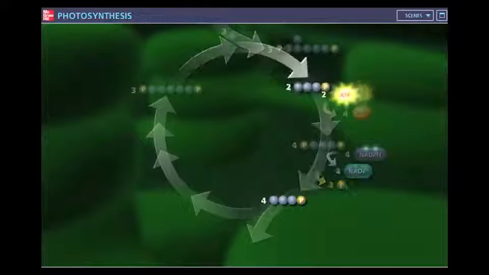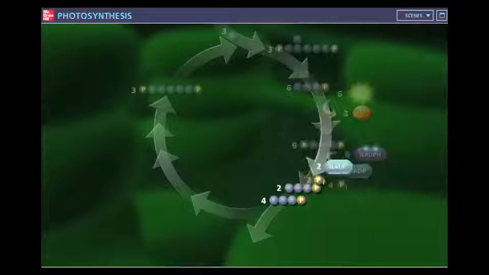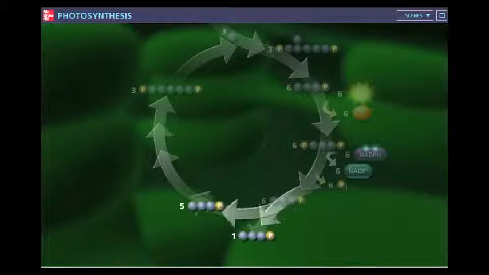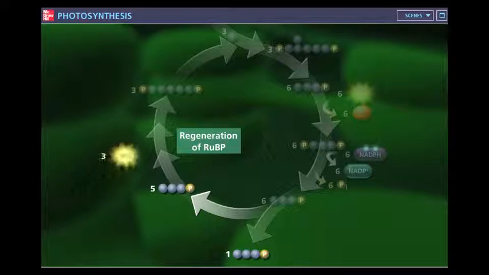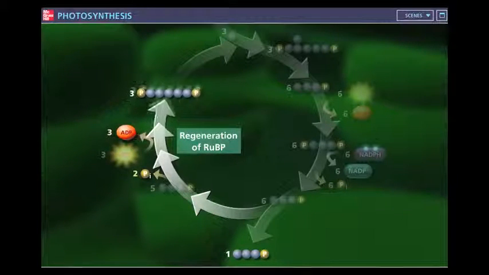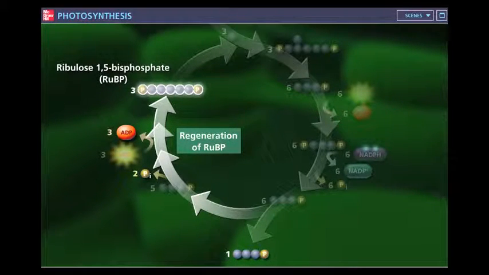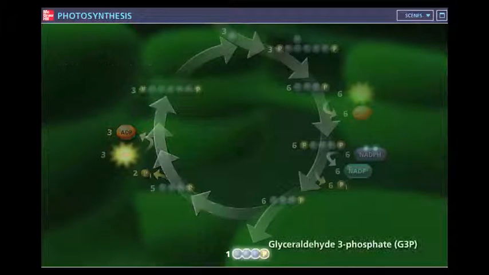For every 3 turns of the cycle, 5 molecules of glyceraldehyde 3-phosphate are used to reform 3 molecules of ribulose 1,5-bisphosphate. The remaining glyceraldehyde 3-phosphate is then used to make glucose, fatty acids, or glycerol.